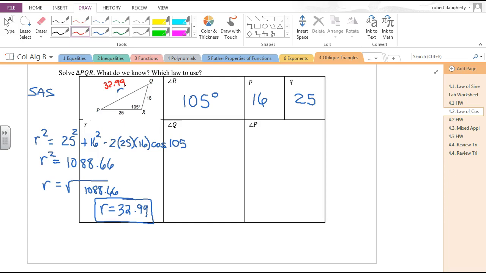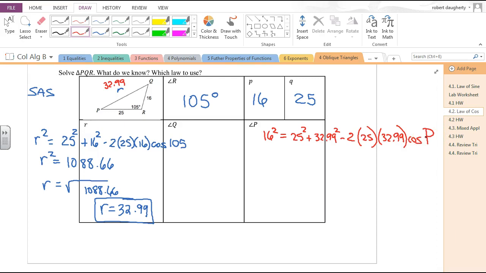So let's solve for angle P. I'm going to have 16 squared equal 25 squared plus 32.99 squared minus 2 times 25 times 32.99, and the cosine of the angle. What's the angle in between 25 and 32? Angle what? Shouldn't have been that hard. Angle P is in between the 25 and the 32.